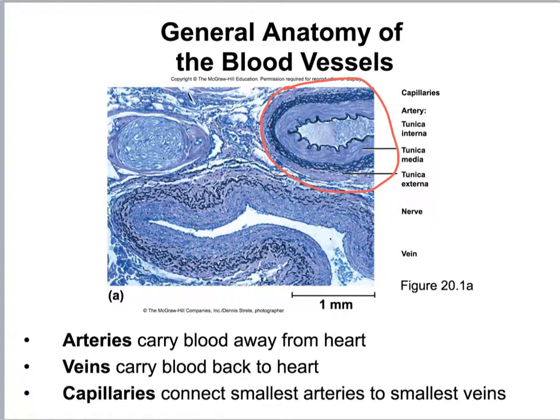All arteries and veins, not capillaries, but all arteries and veins have the same three tunics. The tunica interna, which consists primarily of endothelium, which is an epithelial layer, typically a simple squamous epithelial layer. And even capillaries have that. In fact, that's kind of all that capillaries are.